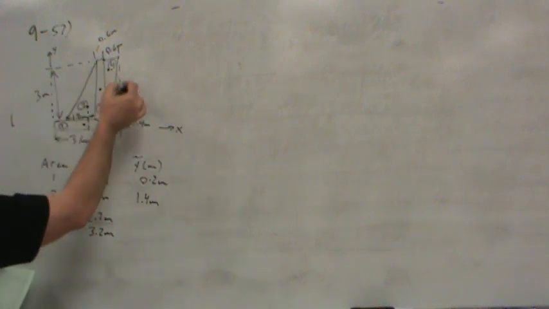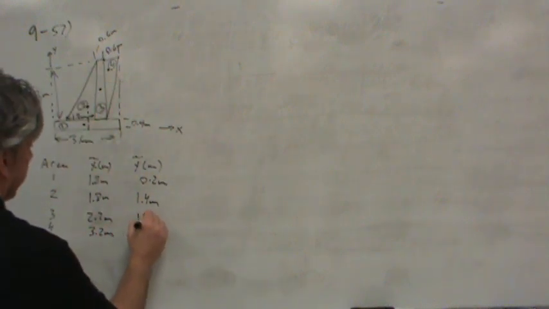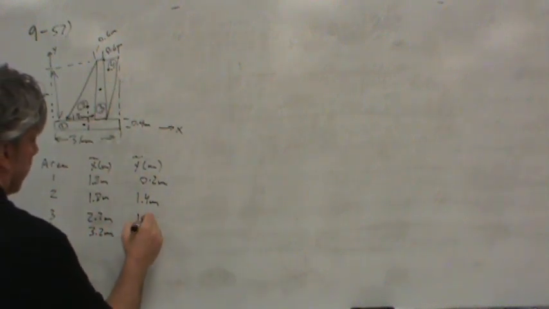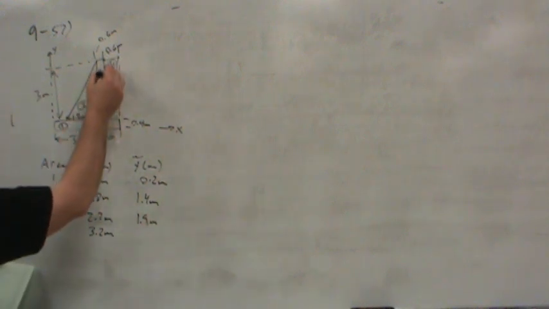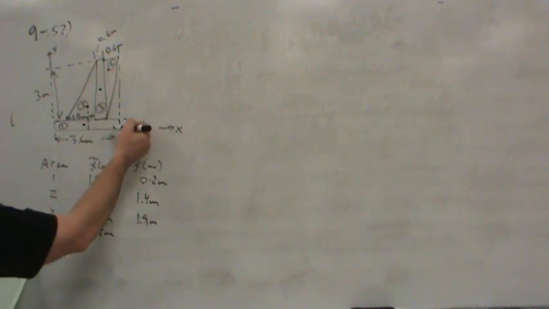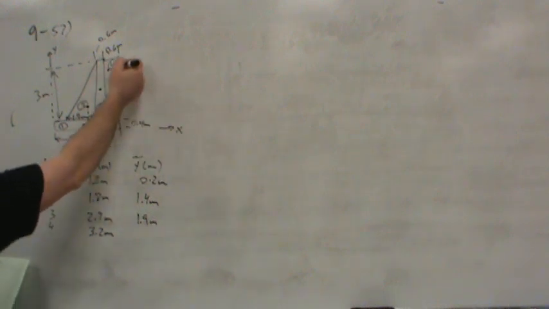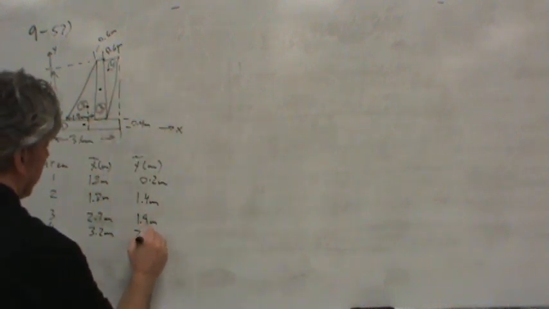For area 3, 0.4 plus half of 3 would be 1.9 meters. This would be 1.5 plus 0.4. For area 4, I'd go up 2 meters plus 0.4, so 2.4 meters total height. Okay, so that should give me x tilde, y tilde.